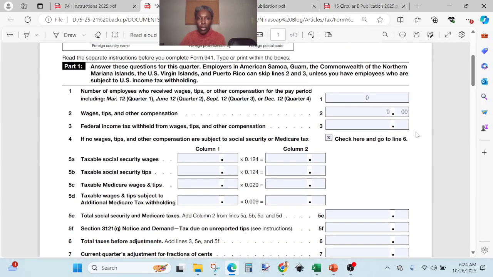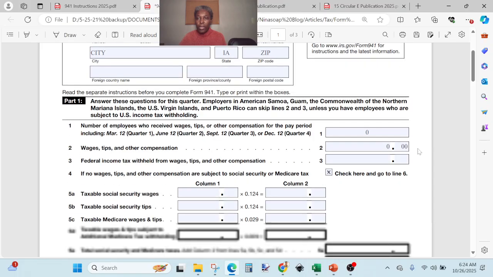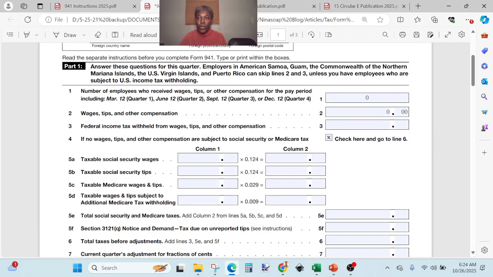So let's go through it one by one. Line 1 is asking how many employees you paid during the specific quarter you are filing for, which is the July, August, September quarter. Since you didn't pay any wages, it's going to be 0 employees.